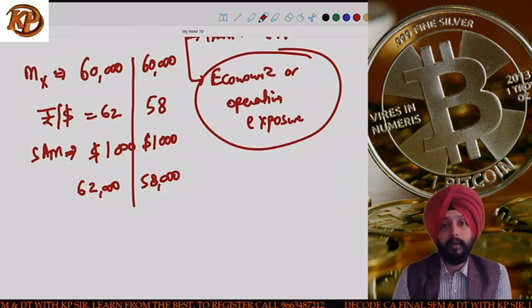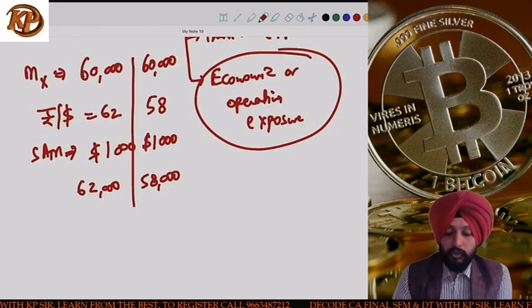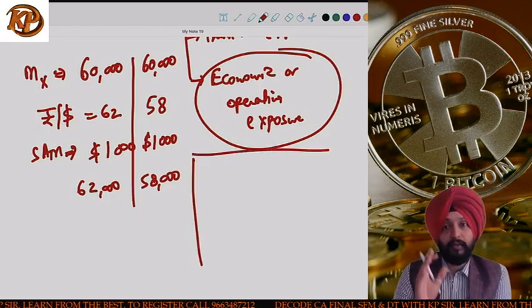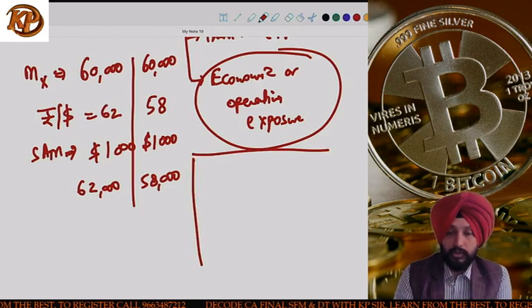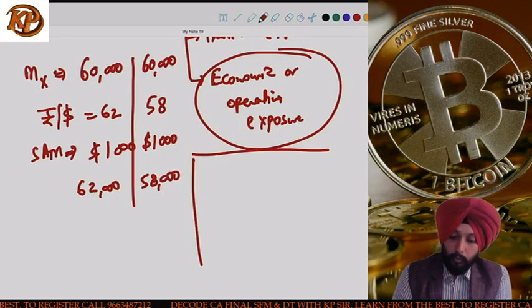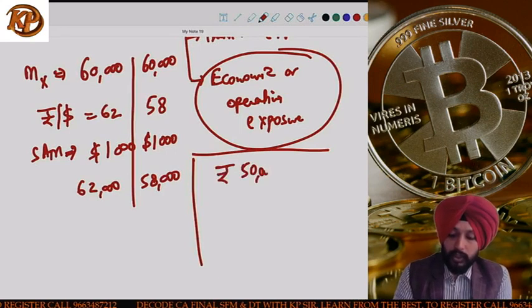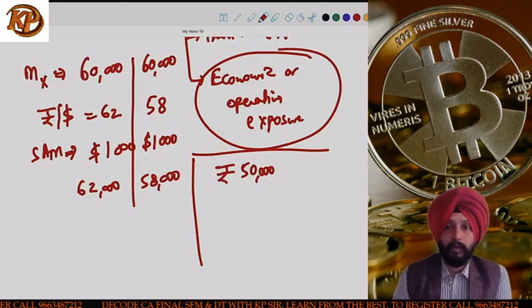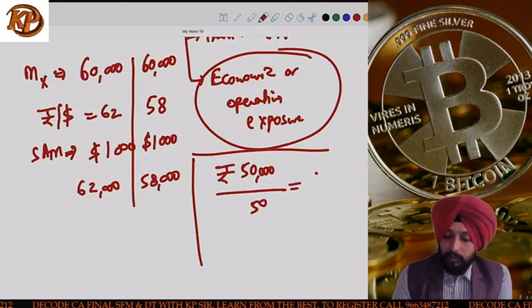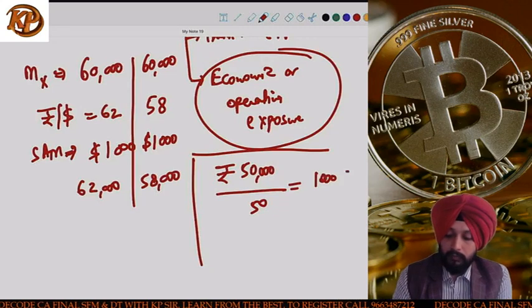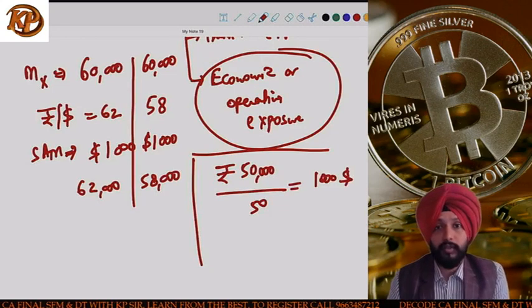Now I'm giving you another example. If I am having foreign currency invoicing, that is when I have the risk. Now suppose I do the cross border transactions, but I go for rupee invoicing. Suppose for a particular product we charge rupees 50,000. Right now rupee per dollar is 50, which means in dollar terms it is costing dollar 1,000 for the other person.